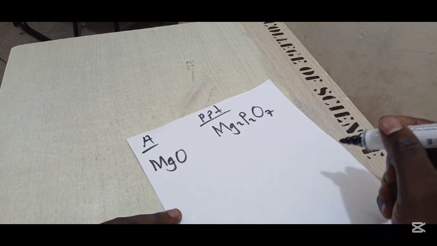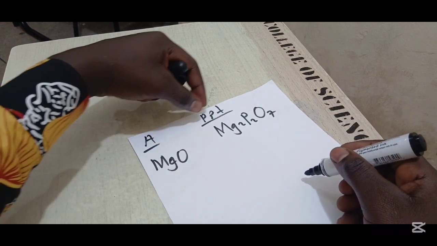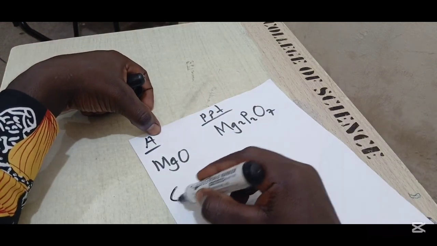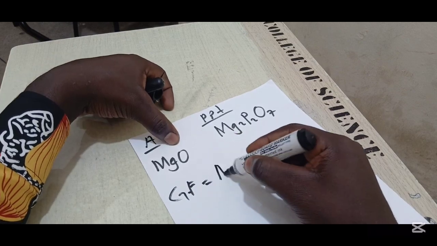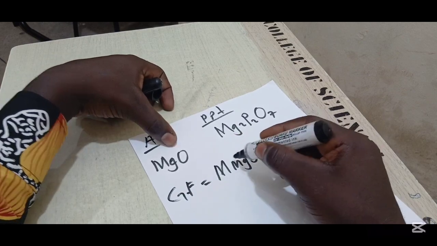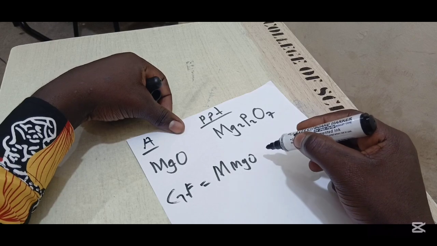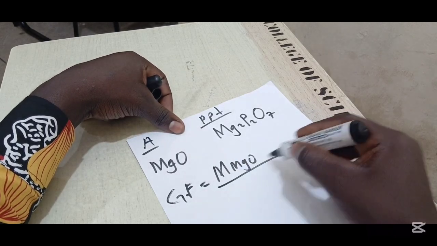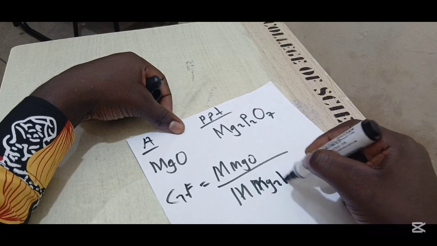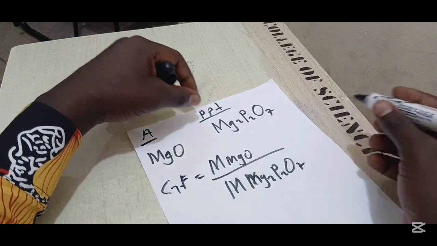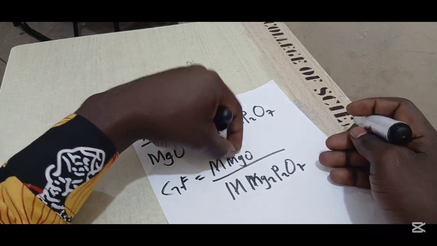How can we determine the gravimetric factor for our analyte MgO? So we know that our gravimetric factor is going to give us the molar mass of Mg, since this is our analyte, over the molar mass of Mg2P2O7. So now let's base on our metal aspect.